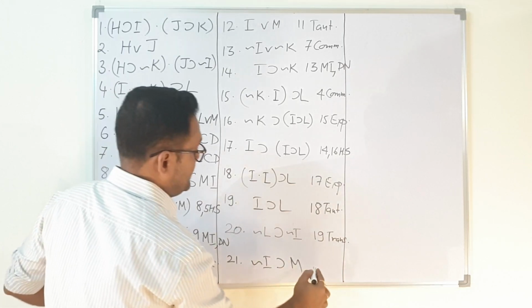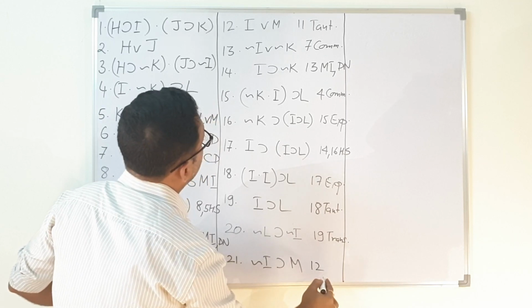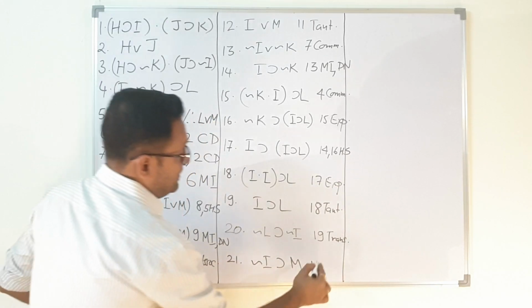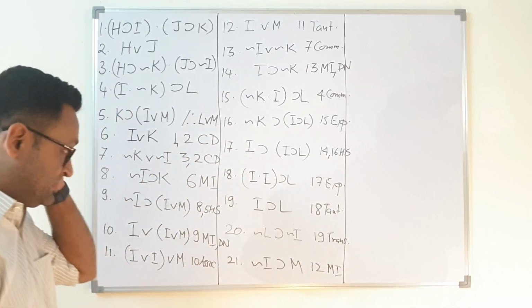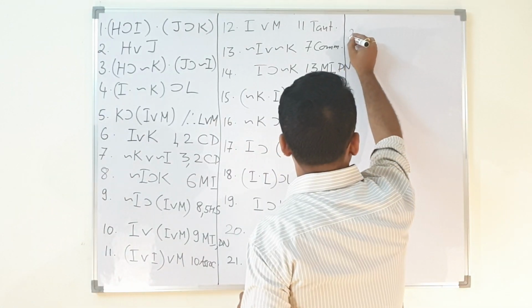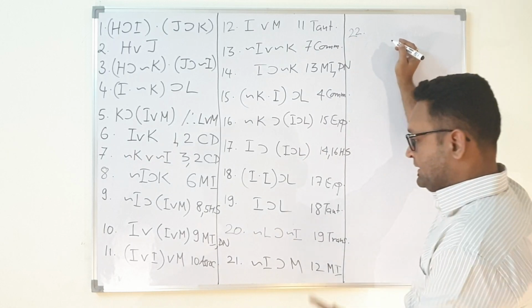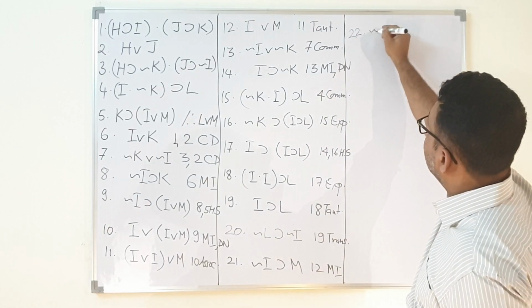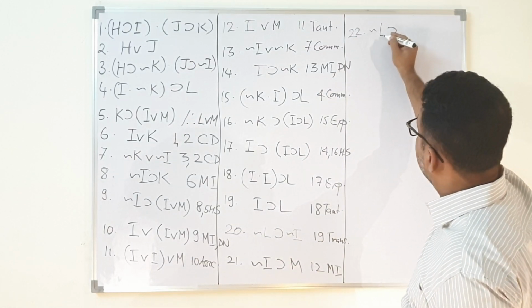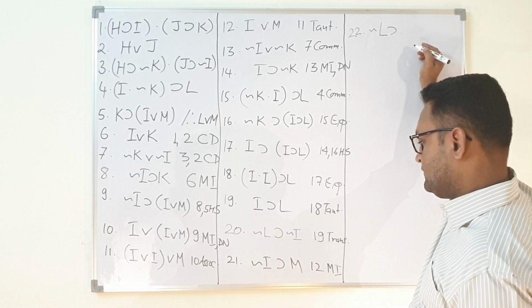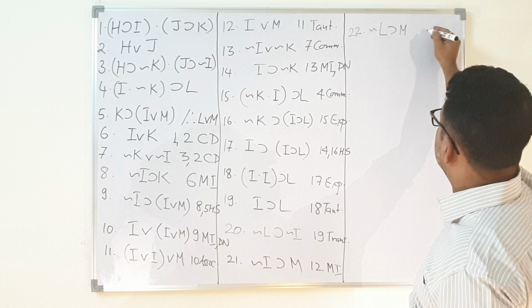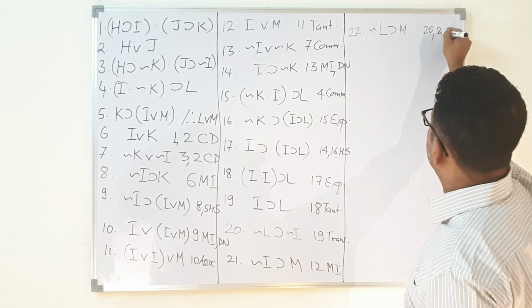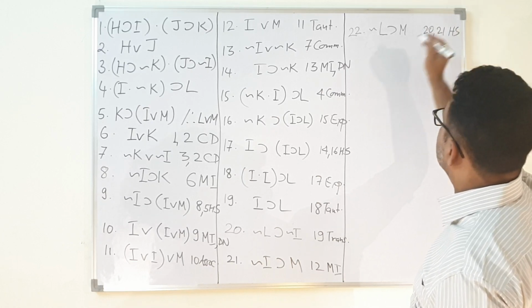So this will be 12, material implication, right? So I got this. Now on step number 22, I can write negation of L implies M with 20, 21 hypothetical syllogism.